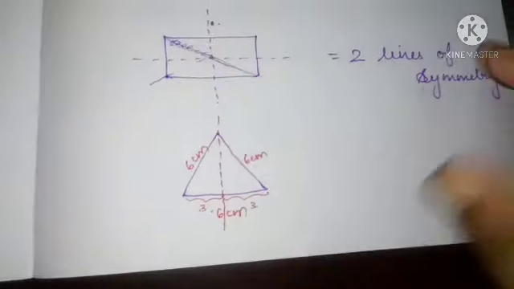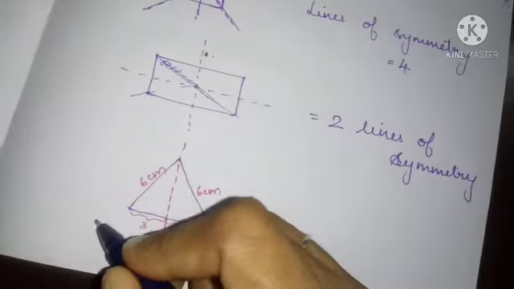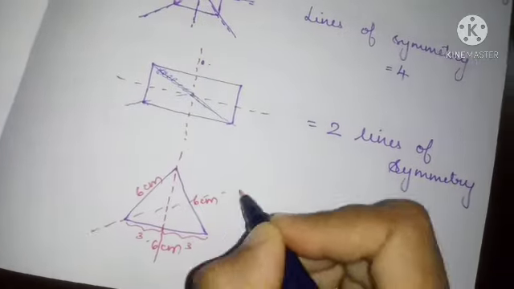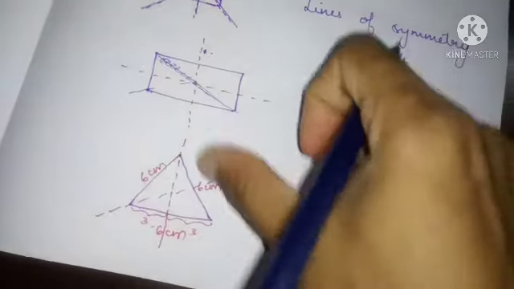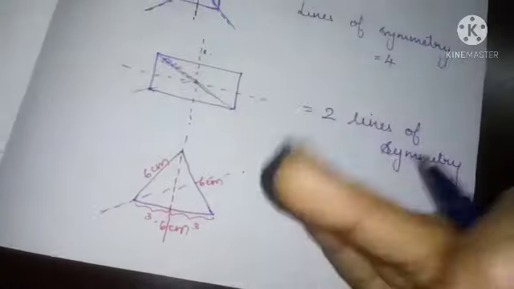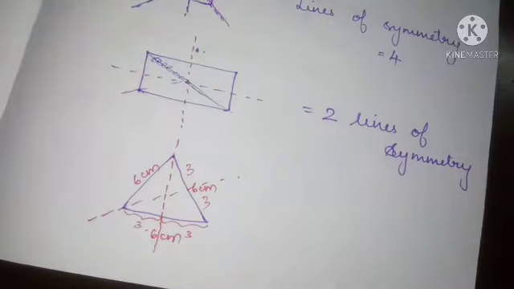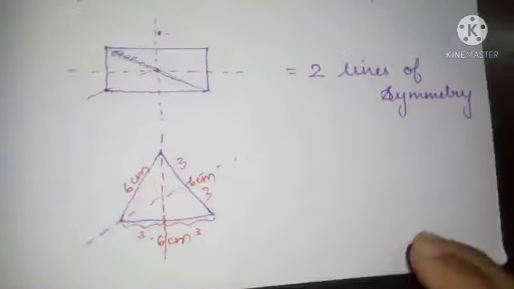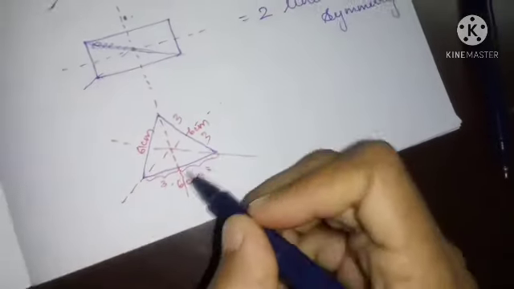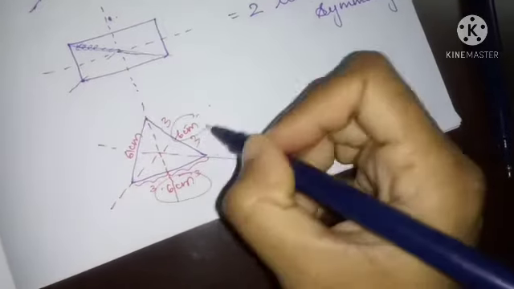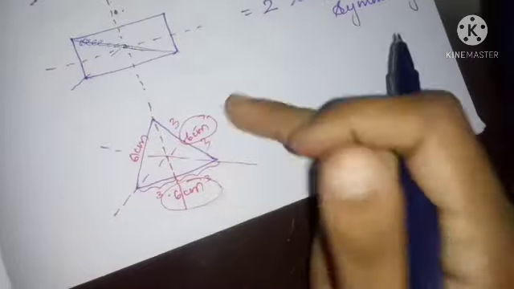Next, one more thing. I'm going to draw like this. Here also the same thing. Here 6 centimeter. Here also 6 centimeter. This 6 centimeter will be divided into 3, 3. Next, I'm going to draw one symmetry here. Here 6 centimeter, 6 centimeter, equal parts are mirror image.